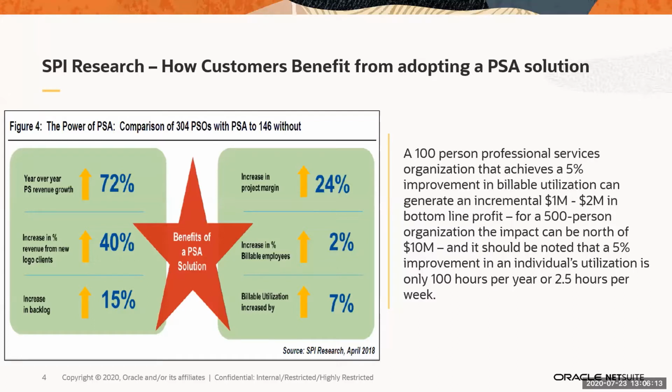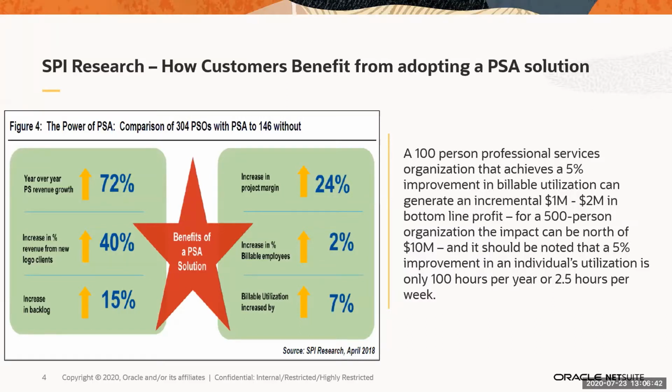organizations that use a PSA solution, services organizations that use that PSA solution, increase their project margins on average about 24%. That's a big increase when you're talking about money that's going straight to the bottom line. And then they increase their billable employees by 2%, and on top of that, the billable utilization is increased by 7%.